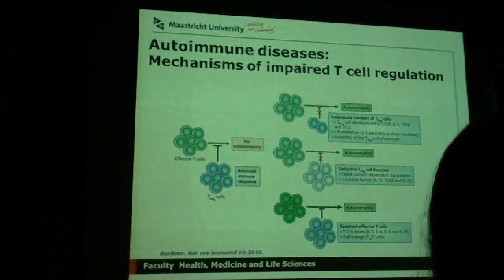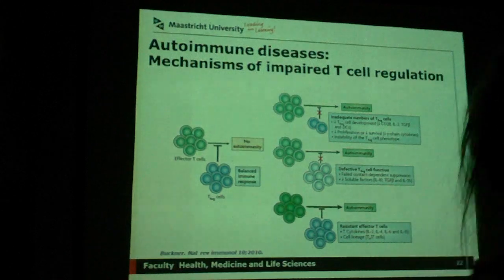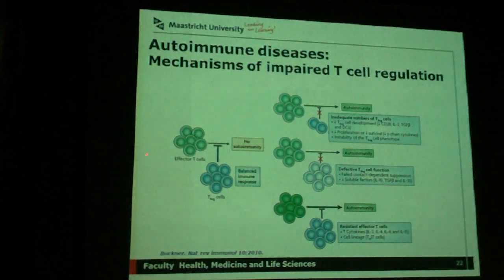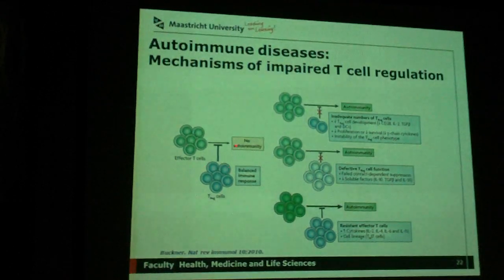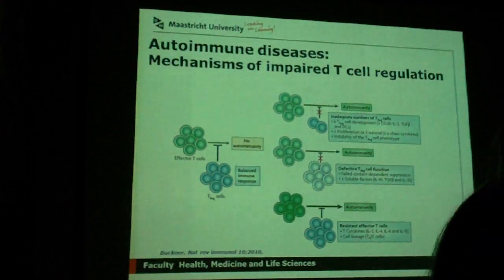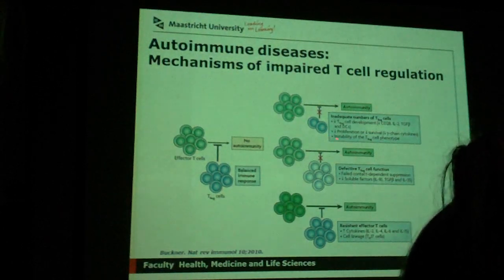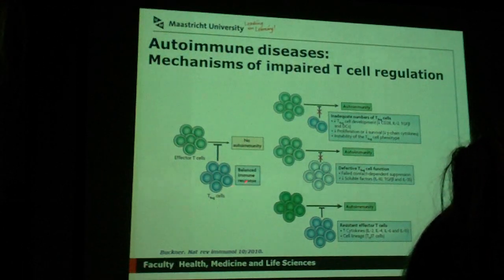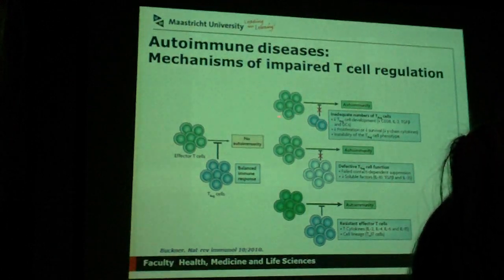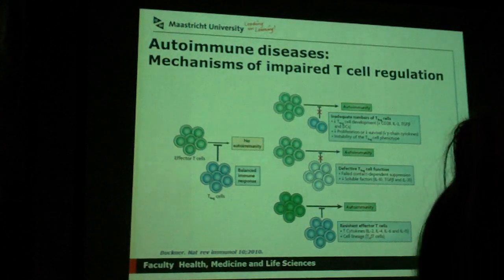So the idea is that you have effector cells. They will be regulated by regulatory T cells. This will prevent autoimmune disease from developing. However, if you have inadequate numbers of Treg cells, if they are not sufficient to regulate this response, you do get autoimmunity.